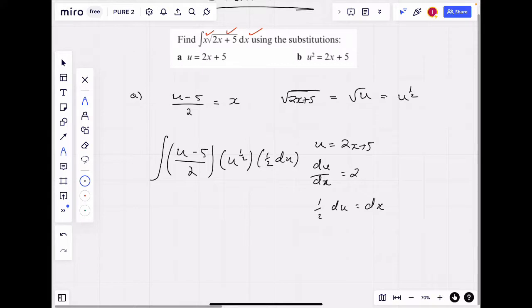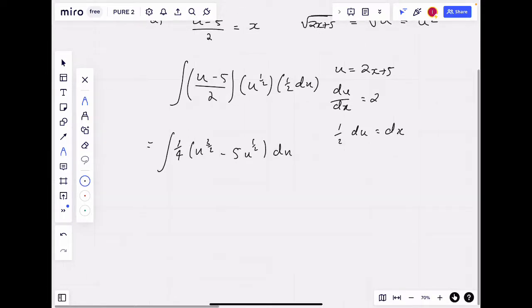So after simplifying, you should have a quarter of, so you can have a quarter of u to the power of 3 over 2 minus 5u to the power of a half du. That's after factorizing out the 1 over 4.